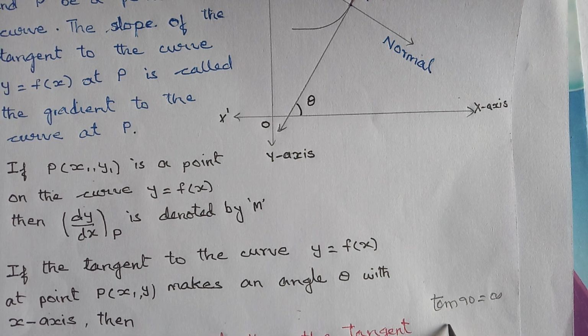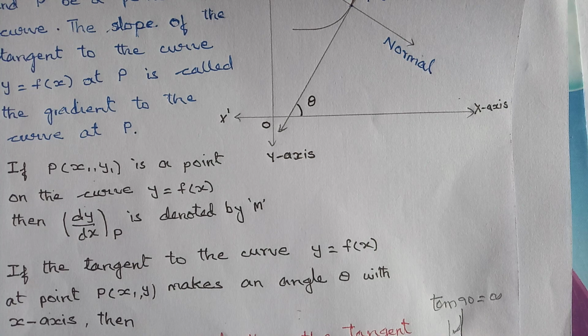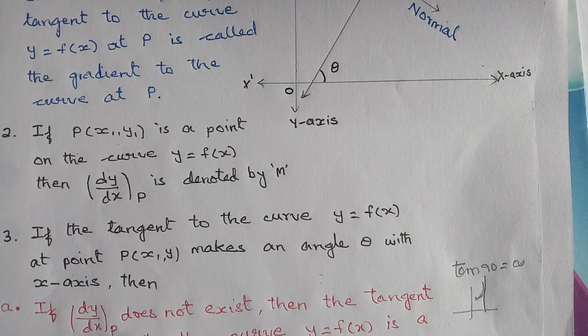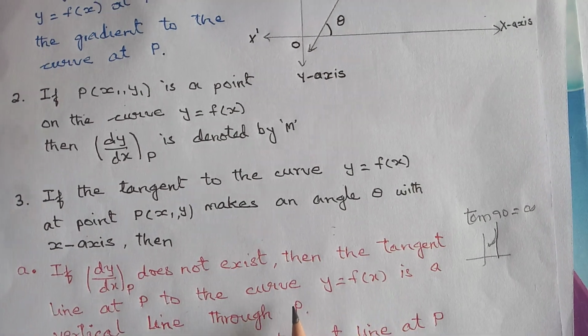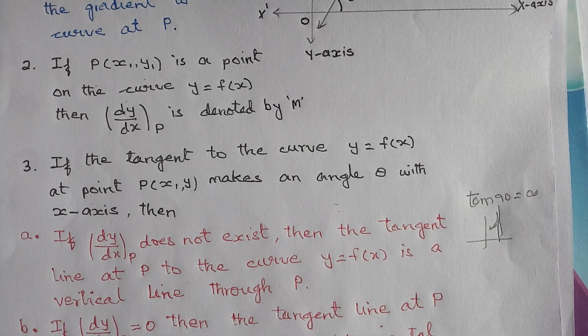The line becomes parallel to the y-axis. So if dy by dx does not exist, the tangent line at P is a vertical line.